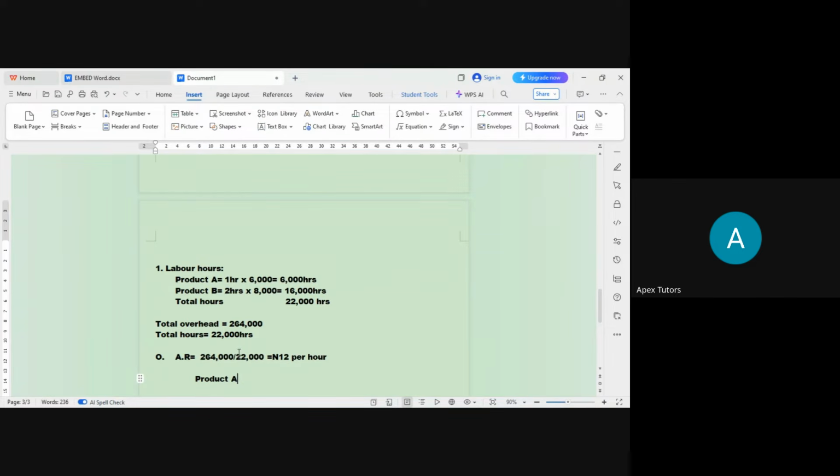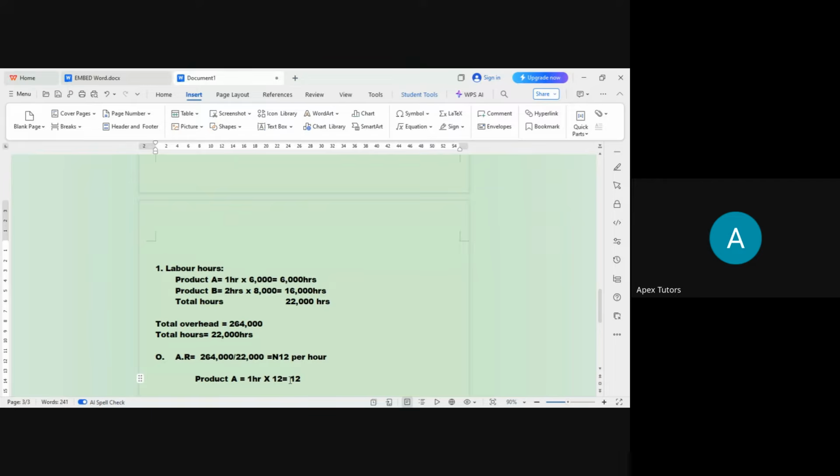For product A, we are using how many hours to produce 1 unit? We are using 1 hour. So how much are we going to pay for that 1 unit? It is 1 hour multiplied by 12. This will be 12.